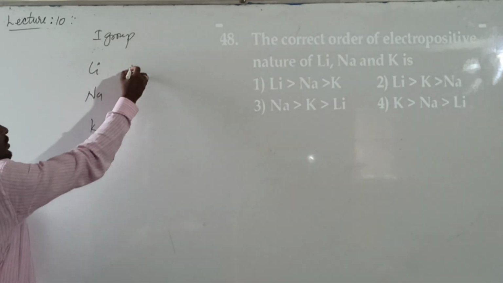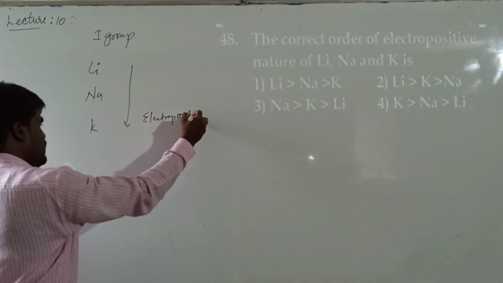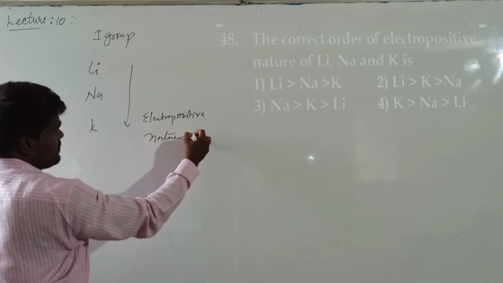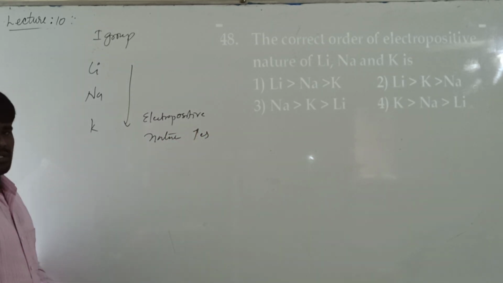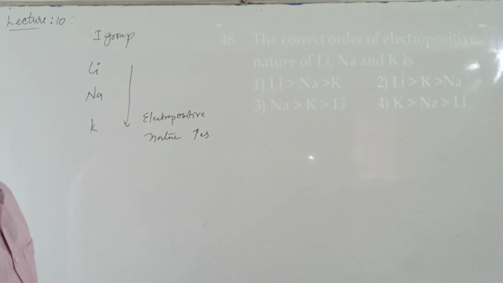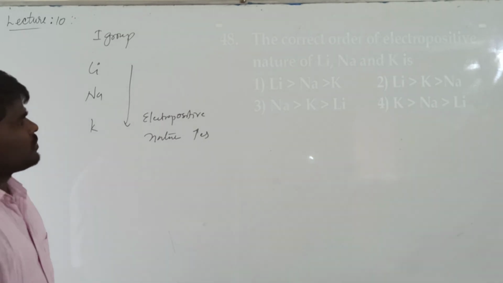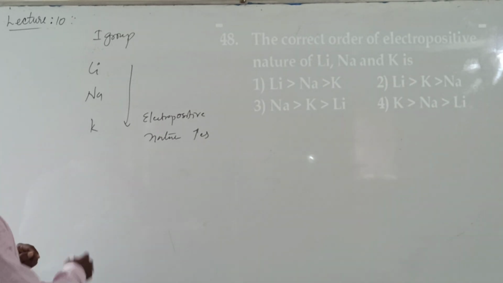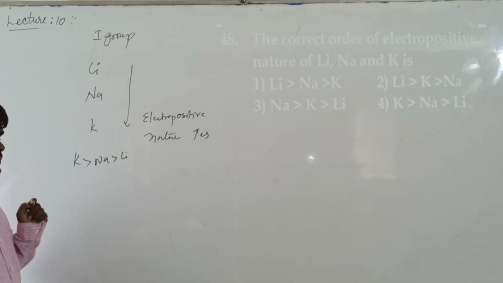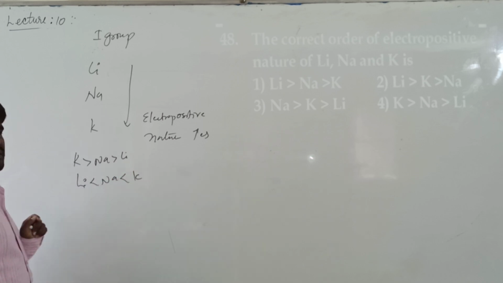Generally, from top to bottom in a group, electropositive nature increases as electronegativity decreases. Why? Top to bottom in groups, electronegativity decreases, so electropositive nature increases. So what is the correct option? Potassium followed by sodium followed by lithium if you are talking about decreasing. If you are talking about increasing, lithium, sodium and potassium is the increasing order.